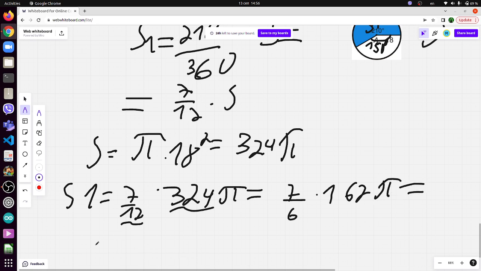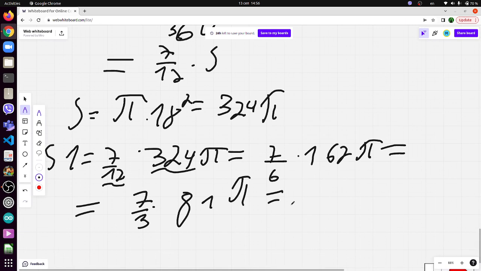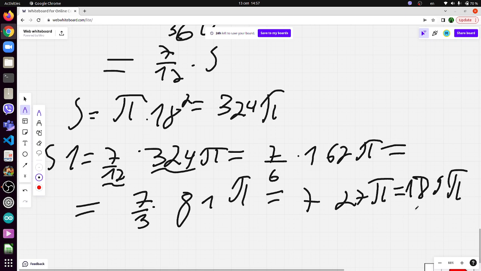We can again divide by 2, which is 7 over 3 times 81 pi. We can divide by 3, which is 7 times 27 pi, which is 189 pi. So that's our answer.